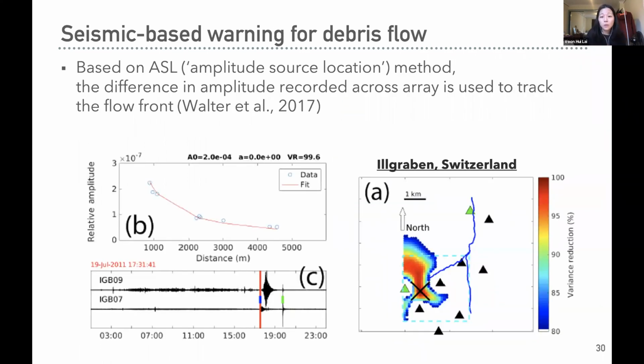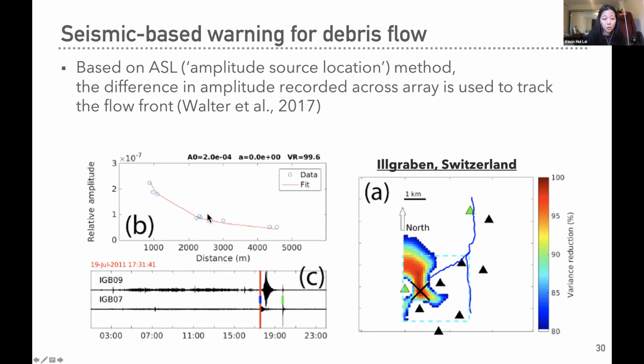Walter et al. in 2017 developed another method, which is seismic-based. They apply the amplitude source location, ASL, method, which is used to detect tremors, to an array of stations located near the drainage channel system in Switzerland. This method considers relative amplitude measurements, where stations close to the source have the highest amplitude, and the amplitude decays geometrically with distance.